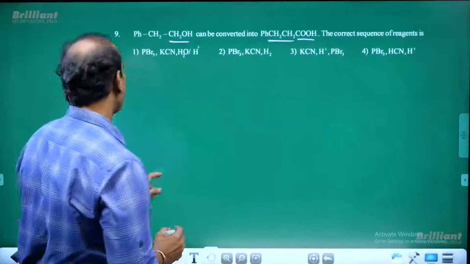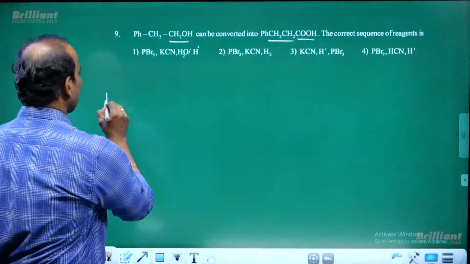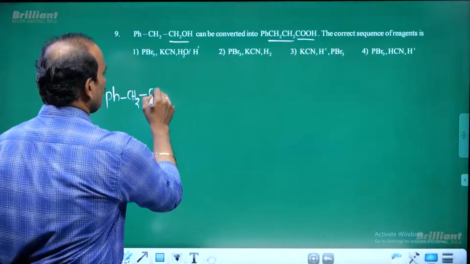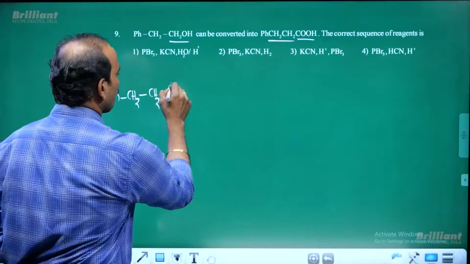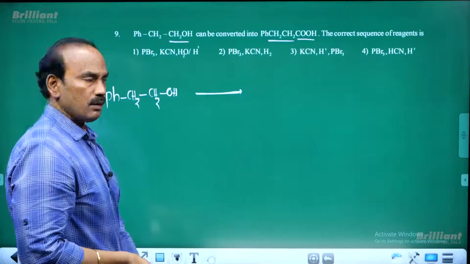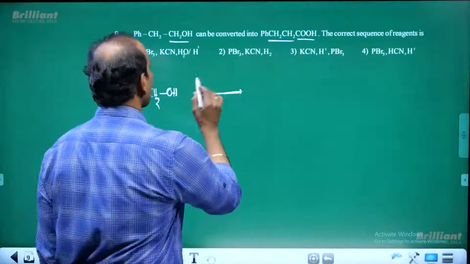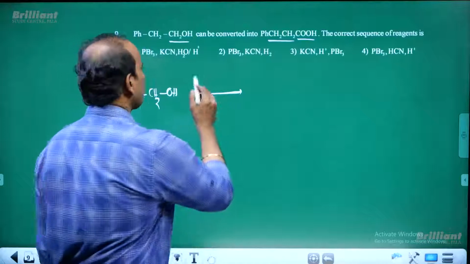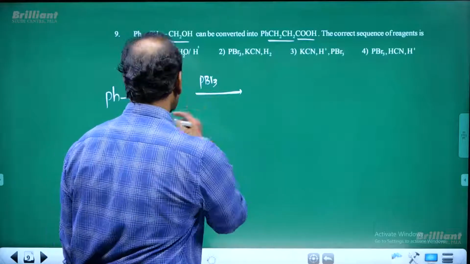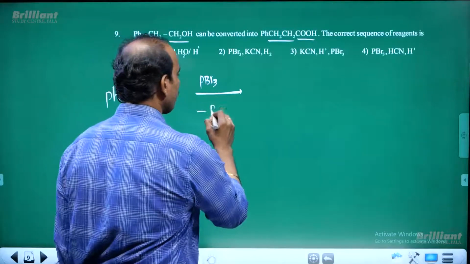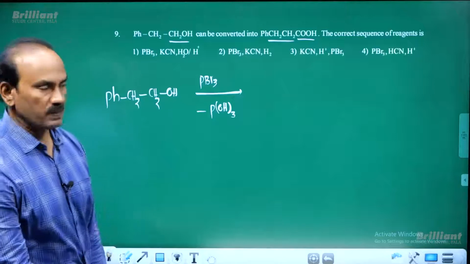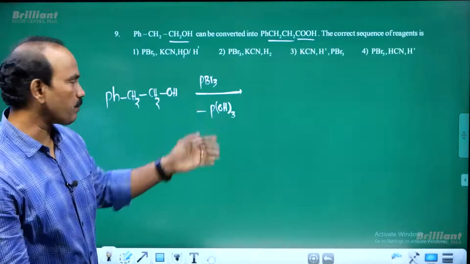So first we take PhCH2CH2OH treated with bromine or chlorine in the presence of phosphorus, or SOCl2, PBr3. Then 3 moles of alcohol participate, H3PO3, a phosphorus acid, is the byproduct.